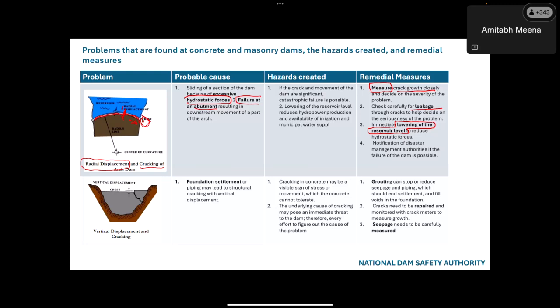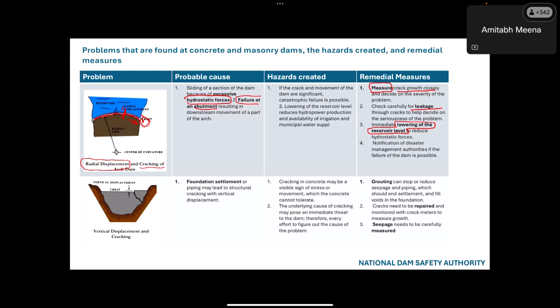The above one was the radial displacement. The second situation is a vertical displacement. This is a normal straight gravity dam, and as you can see, this portion of the dam is lifted up, and this was sunk and this was lifted up.